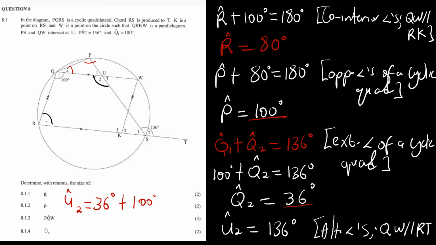Combined, this gives us 136 degrees. The reason for this one is exterior angle of a triangle. So that's how we find our angle U2. Okay, so let's go to the next question.